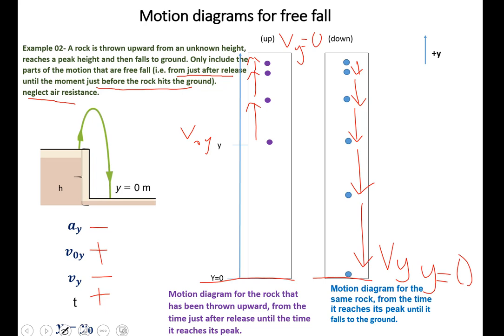Initial y position is greater than 0. So 0 minus y naught, you will end up getting a negative number. Okay, so let's assume this is just 10 meters initial y position. So final is 0. 0 minus 10, it's negative 10. Okay.